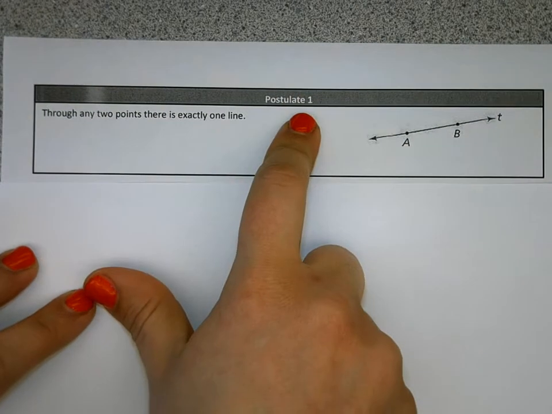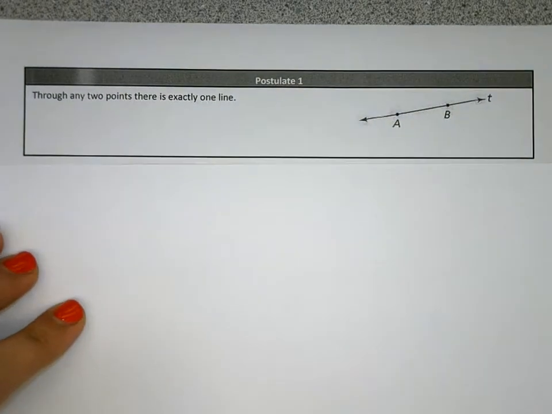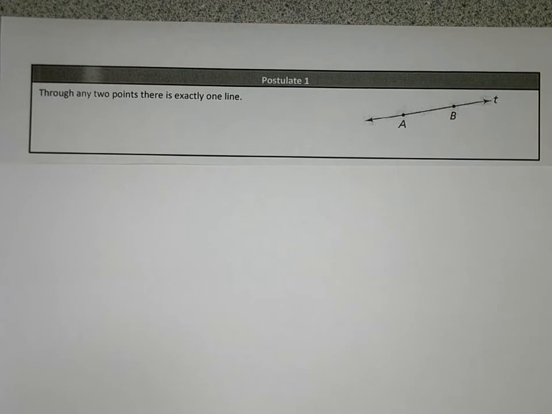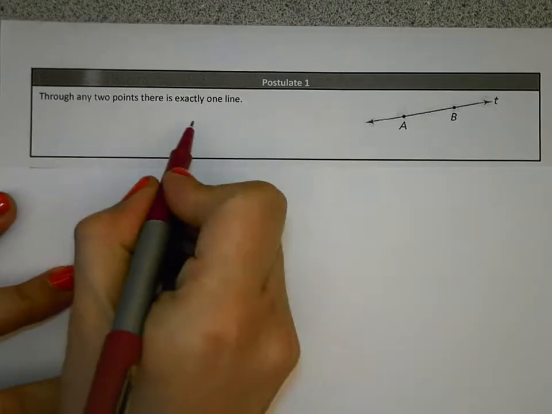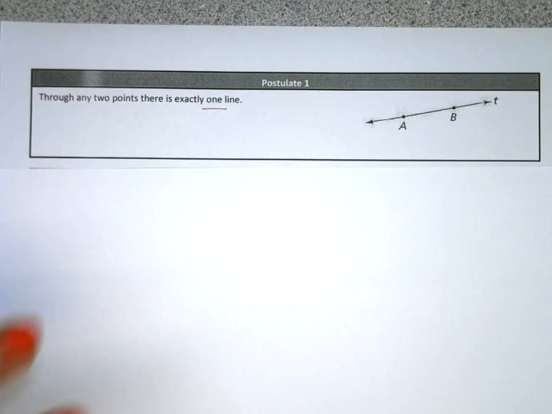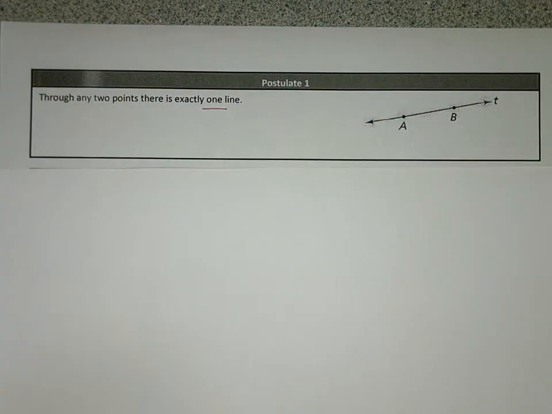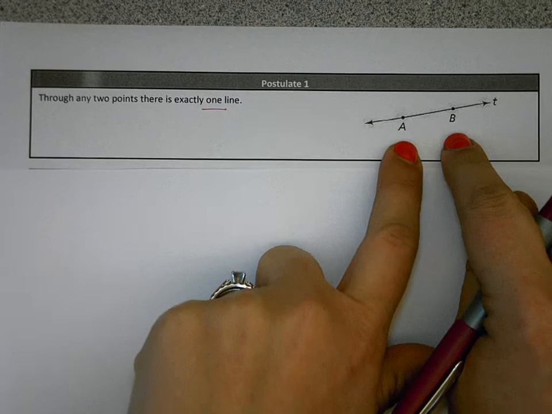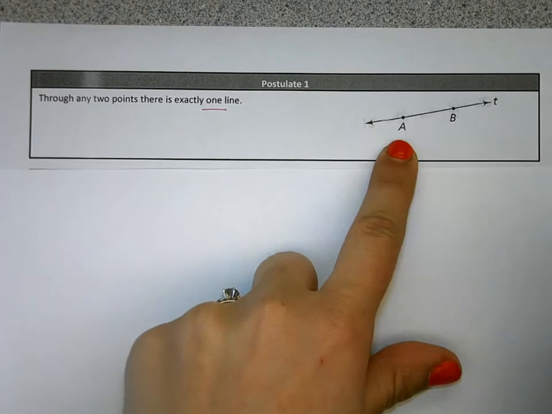So some of these things you might already know as well. One of the basic first things you learn in geometry is that through any 2 points, there is only one line, which should make sense. There's no other way that we can draw a line through points A and B besides the one that's already given, okay?